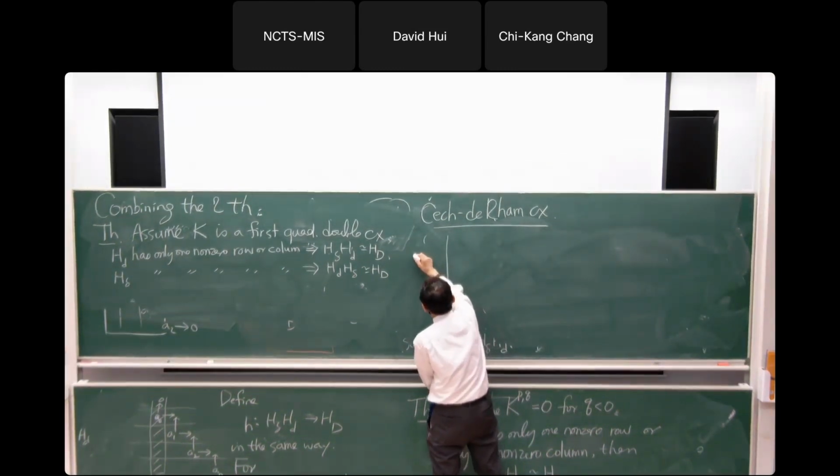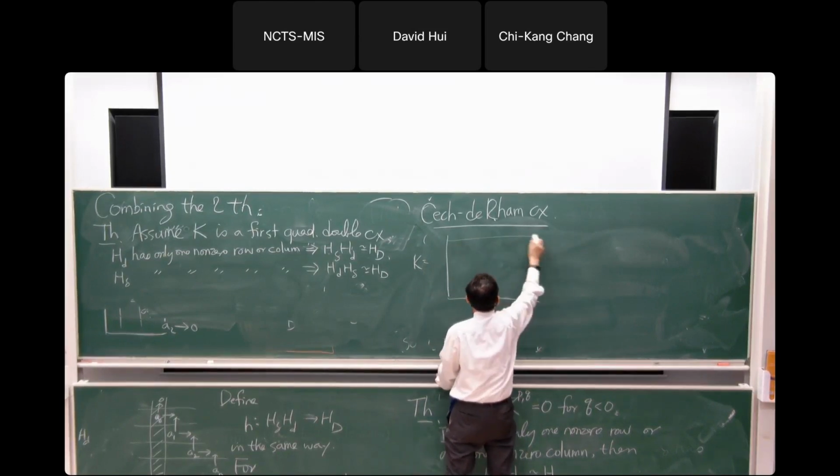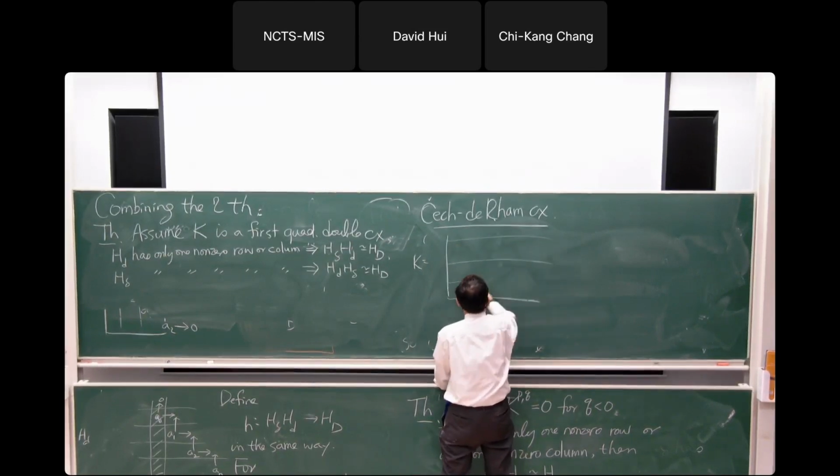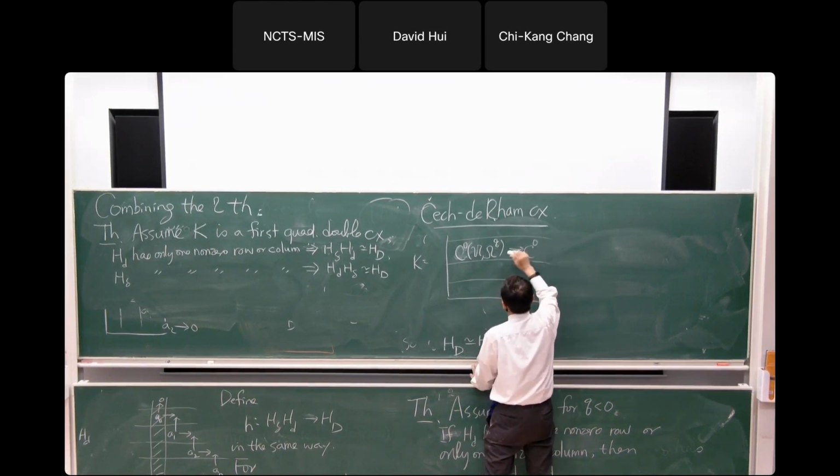So the Čech-de Rham complex looks like this. You have C0 of U, omega Q, which goes to C0.